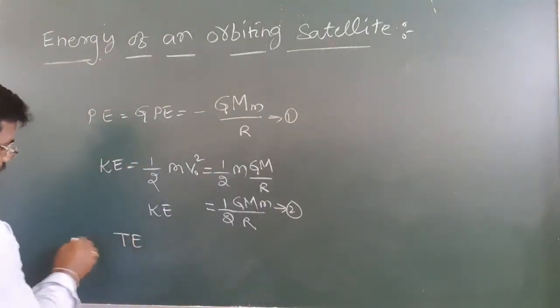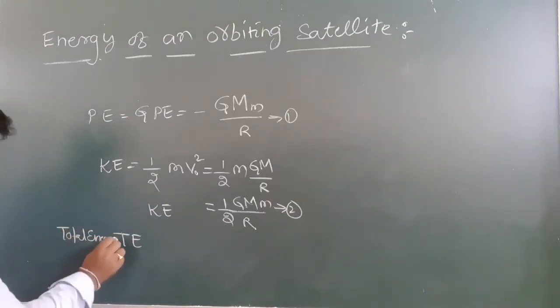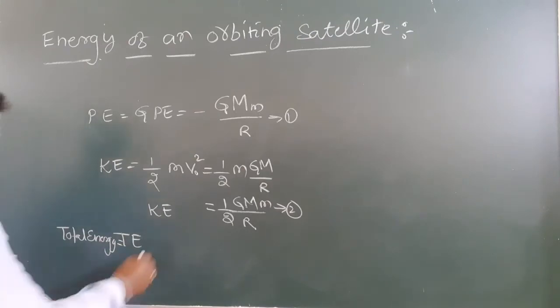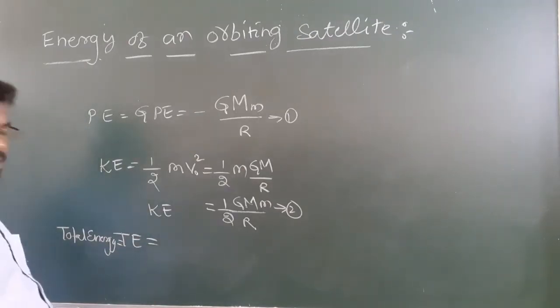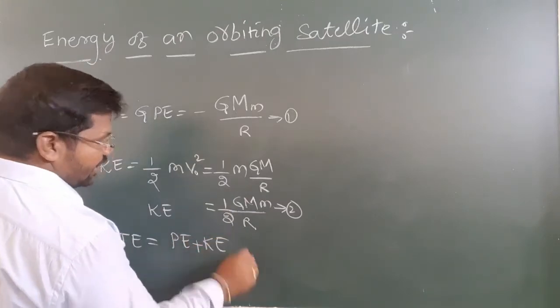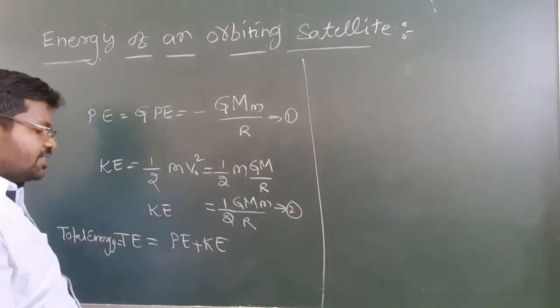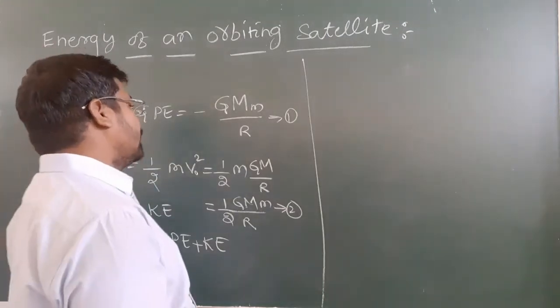Total energy is denoted TE. The sum of the potential and kinetic energy is called total energy, my dear children.